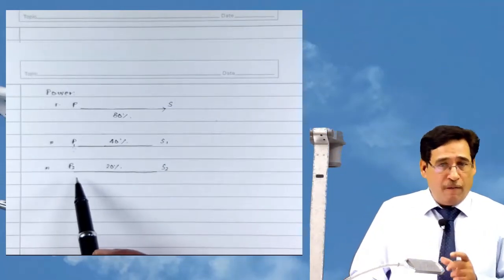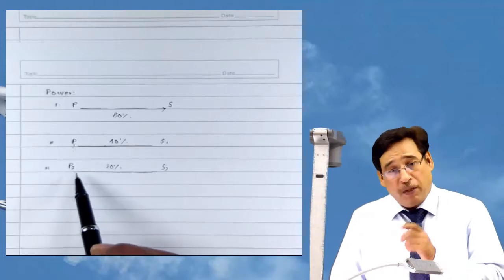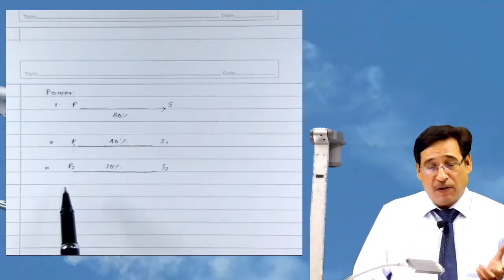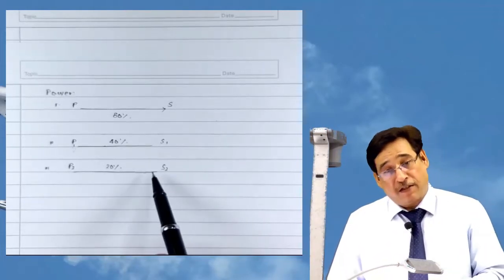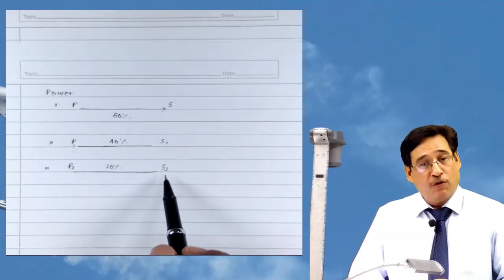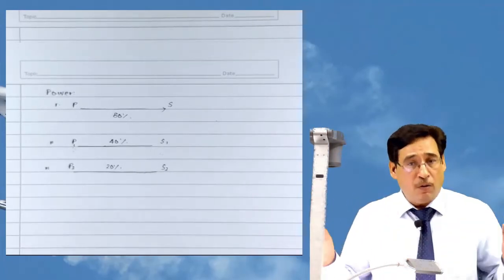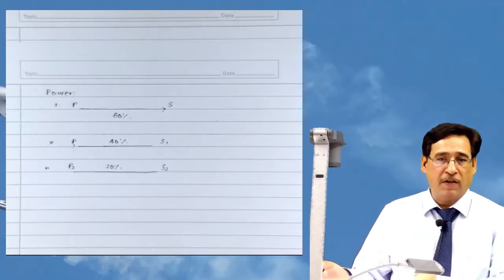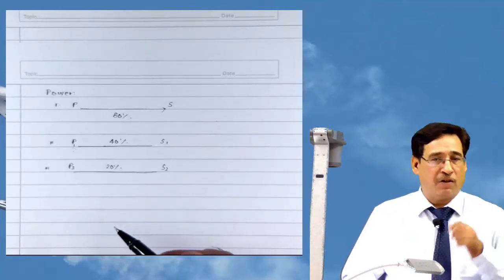If somebody asks me whether this time you can conclude that P2 is in control of S2, quite obviously my answer will be a big no, because we have only 20% stakes in S2. It is definitely less than 50%.